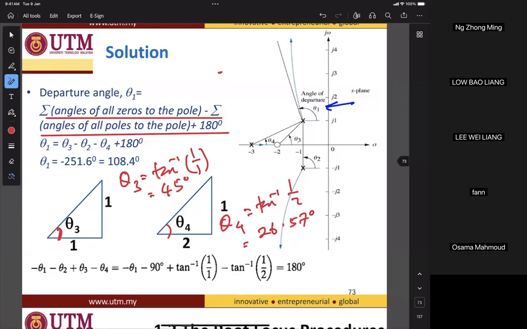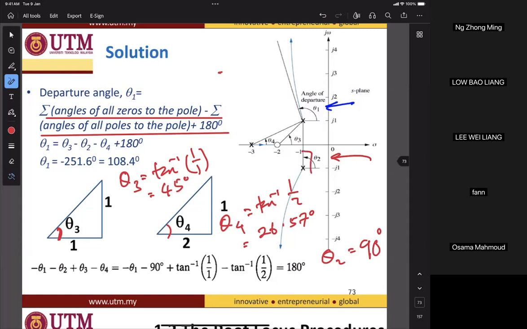Ang Jongming, how do you measure theta 2? 90 degrees.